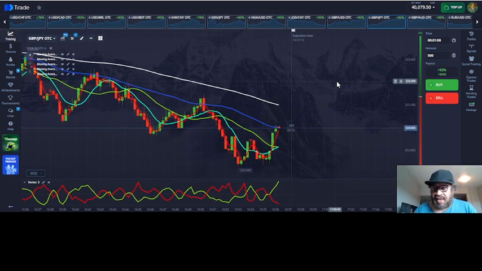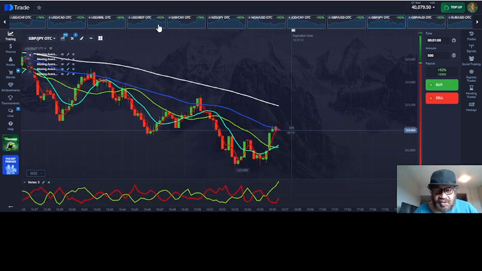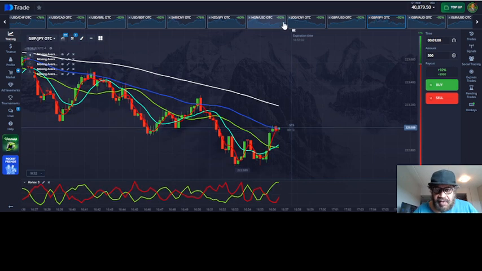I also wanted to make note that I've also been practicing sound money management here. I've only been risking about 1% of my capital. With binary options, the rate of return on a lot of the assets varies. It could be as high as 92% to as low as maybe 58%.